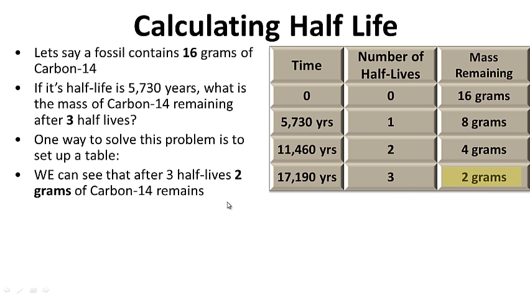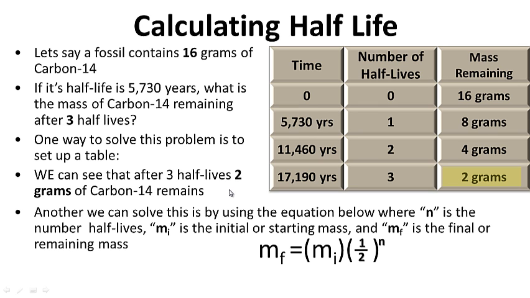So what is the mass of carbon-14 remaining after 3 half-lives? 2 grams. So we just established this. There's another way to do this though. Another way we can solve this is by using the equation below, where n is the number of half-lives, m subscript i is the initial or starting mass, and m subscript f is the final or remaining mass. Substituting our values in, we get 16 is what we started with.